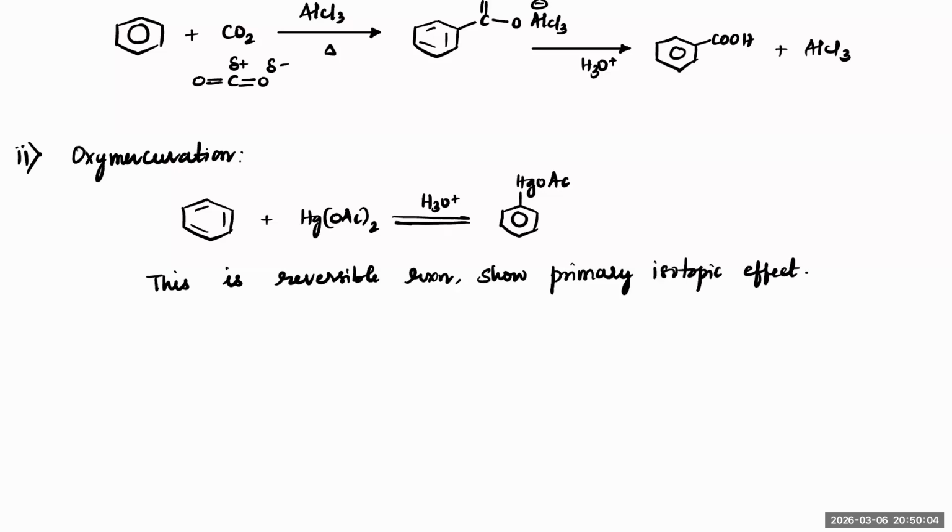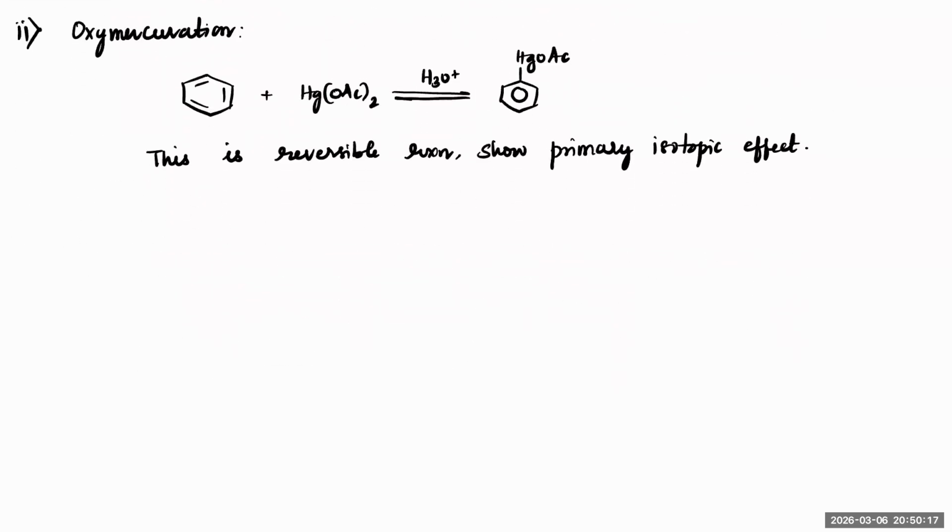So the primary isotopic effect is observed. Of course, I can go through the mechanism, but I don't think the mechanism is required here. So I would suggest don't worry about it. Just remember the name reaction, what it is.